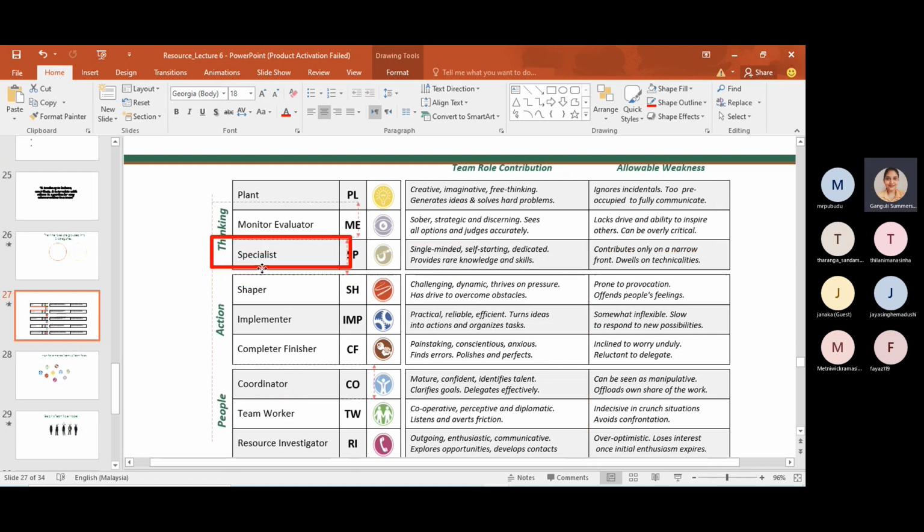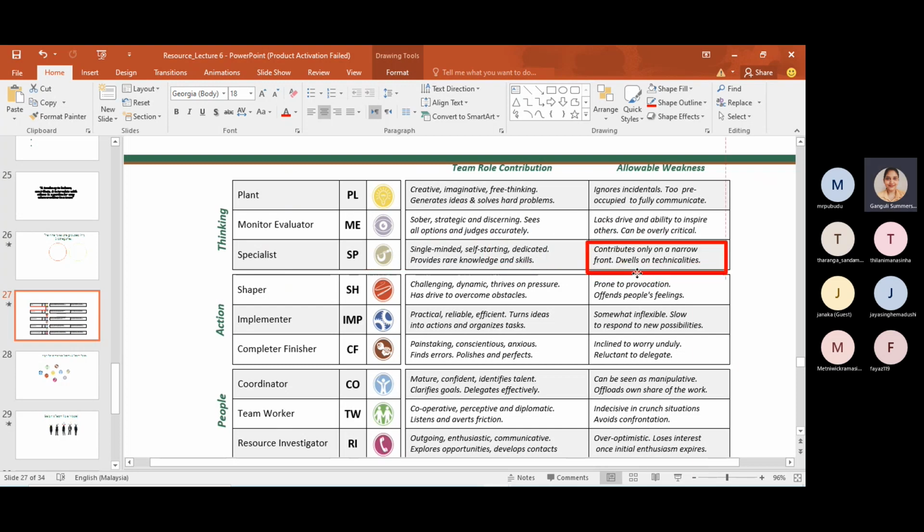And specialist. A specialist is a dedicated, single-minded person, like a self-starting dedicated person. A specialist provides rare knowledge and skills, knowledge and skills which are not common.